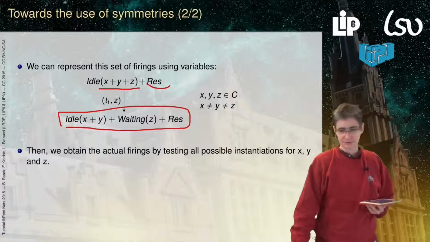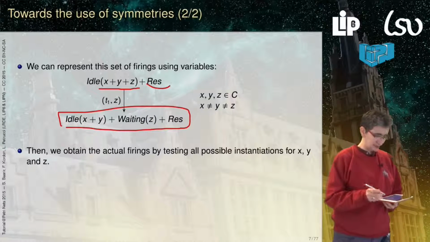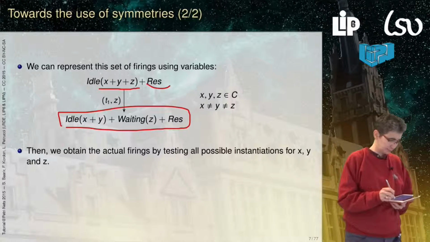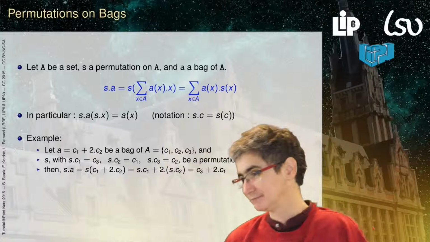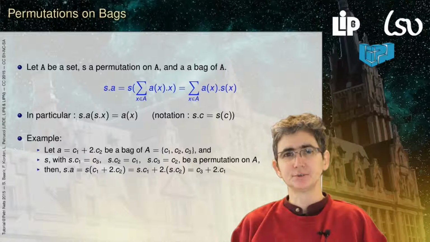Then we obtain the actual firings by testing all possible instantiations of the variables x, y, and z.